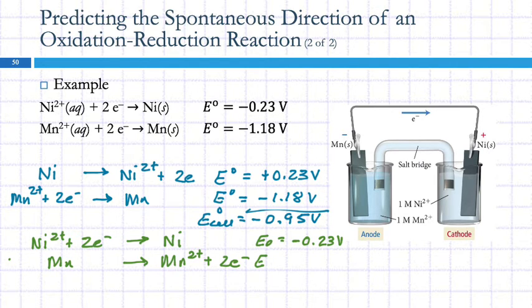Oh, my 0 fell down. And here, this is written backwards of that one, and so I changed the sign. I add them together, I get a positive number.